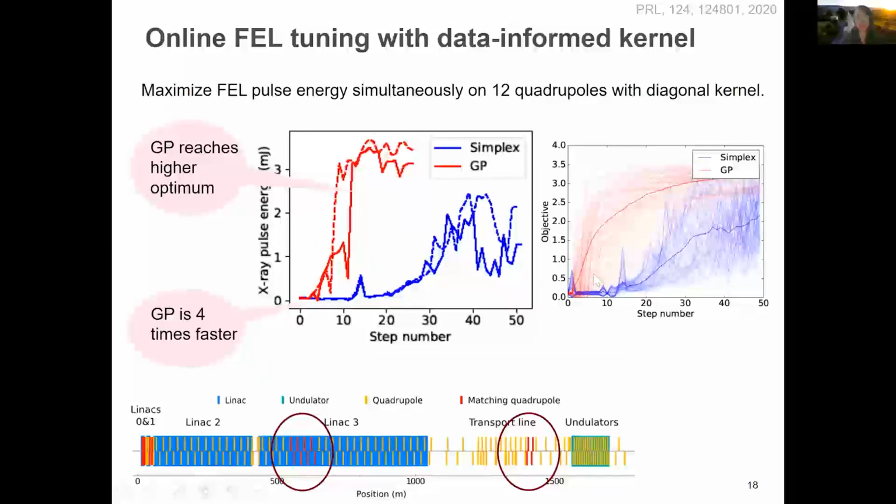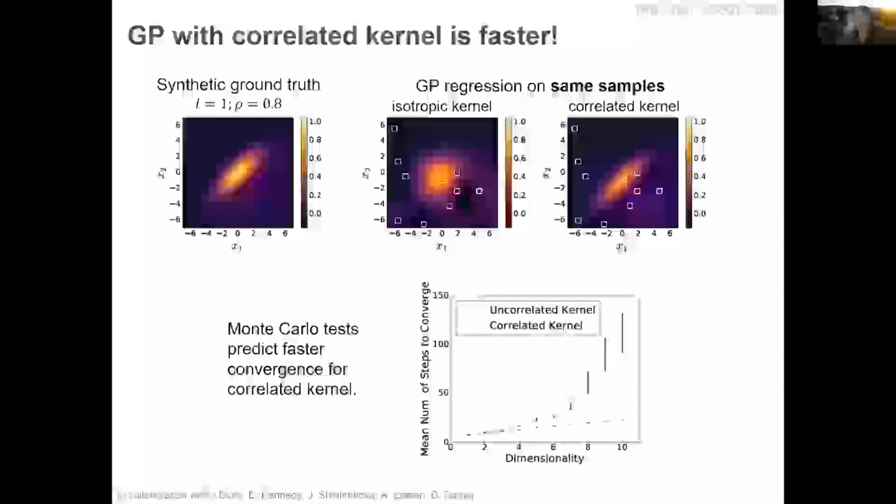So this work was done with a diagonal kernel, and then we said, okay, we want to have maybe a correlated kernel, so having off-diagonal elements, because the optimization might be faster. So let's see here a toy example.